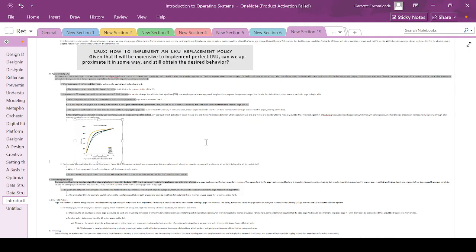There is one use bit per page of the system, and the use bits live in memory somewhere. Again, it can be any data structure, right? But this use bit lives in memory somewhere. They could be in a per-process page table, for example, or in just an array somewhere.